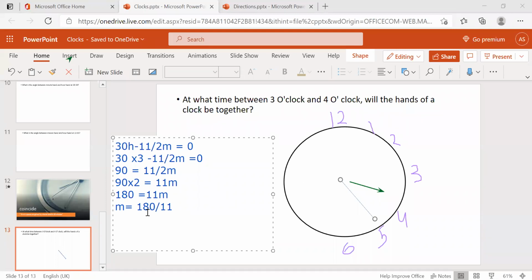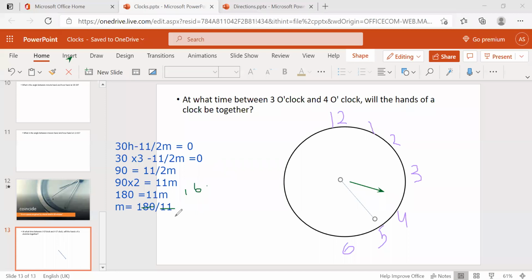This is a normal fraction. Convert it into a mixed fraction. What is the mixed fraction here? 11 ones are 11, so 16. The remaining: 11 sixteens are 176, so 4 will be there.